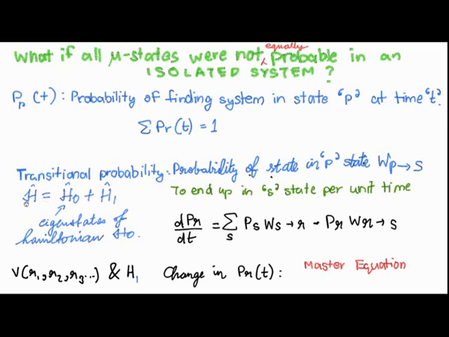So the total Hamiltonian is made up of H0, and H0 defines the quantum states, and there is another small interaction, an extra term, the perturbation H1, and that is what is driving the system to go from one quantum state to the other.